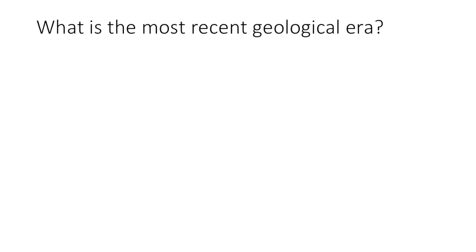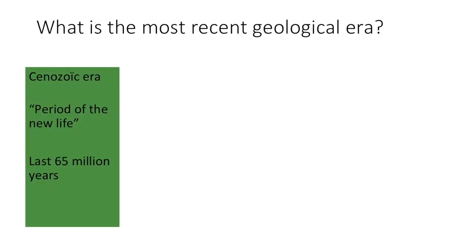And then I asked you, okay, if we're thinking about all these long-term processes that build landscapes, what are we talking about? What kind of geological time zones are we thinking in? And most of you remembered that we were in the Cenozoic era, and that's the period of the new life, and it started with the death of all the dinosaurs and the end of the Mesozoic era.